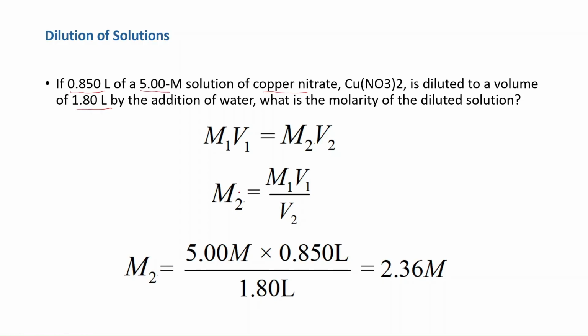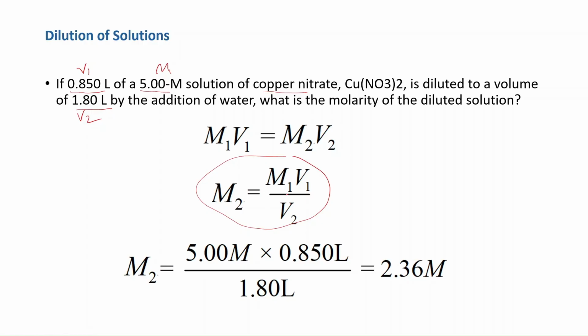They're asking you for the new concentration, so we said that's the formula. All you have to do is substitute. What I like to do when I'm doing these problems to make sure I don't make a mistake, because that's the only thing you can do, put the wrong number in the wrong place, I go through this and say, okay, this is my initial volume. This is my initial concentration. This is my final volume.